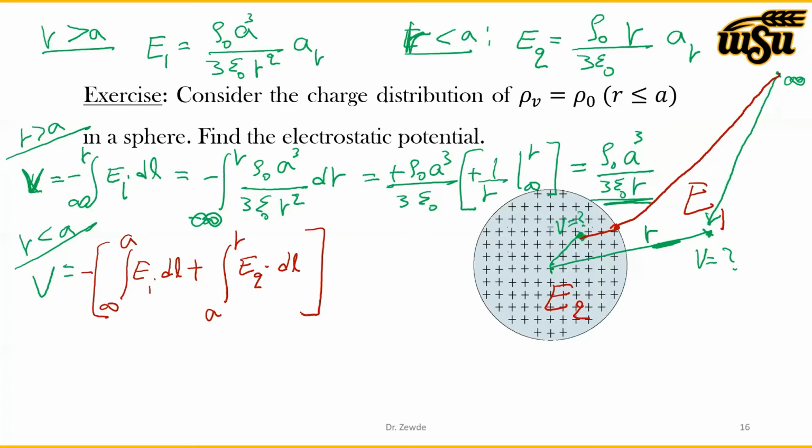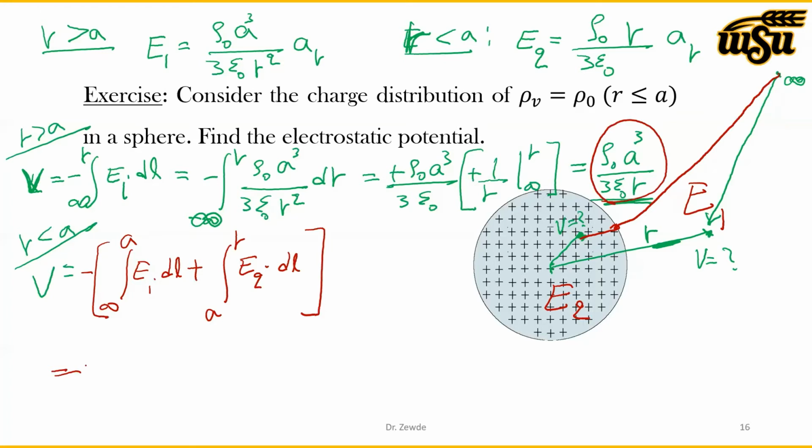This summation will give us the electric potential inside the sphere. That's why, if we're asked to determine the electric potential, we always have to start from outside: from infinity to the outside, and then from outside to the inside. The first part we already determined.